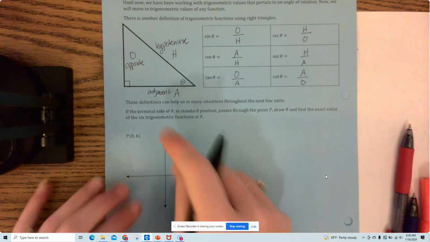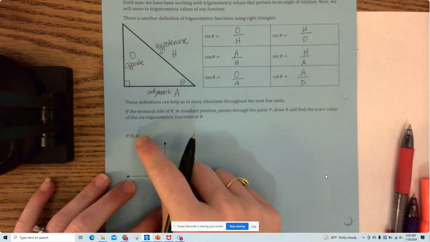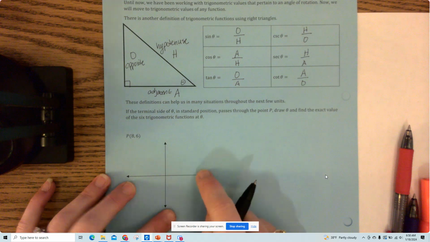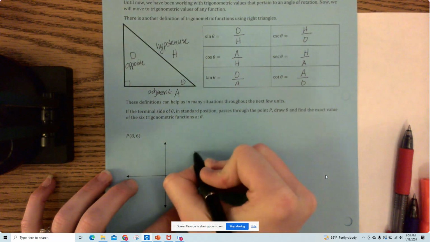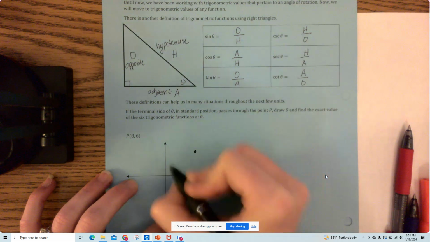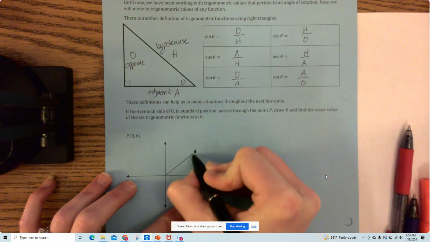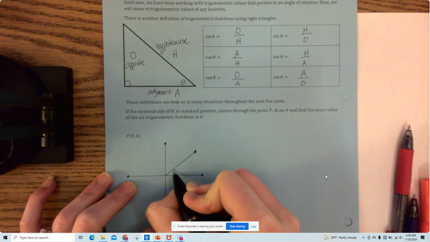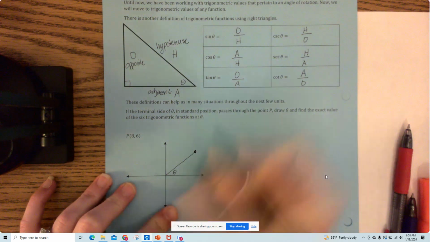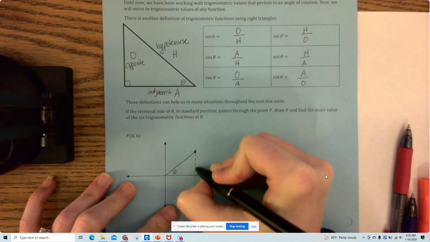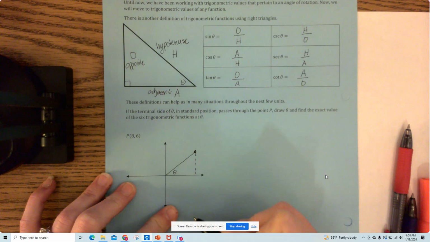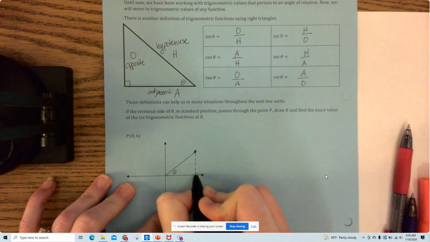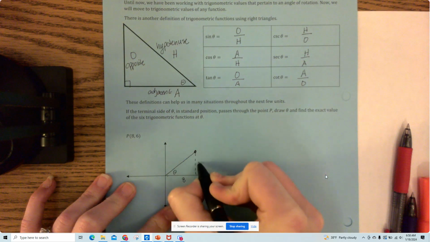The point they gave us is (8, 6), so over 8, up 6. We're estimating here. Here's our angle, and if I create a triangle out of this angle, we went over 8, we went up 6.